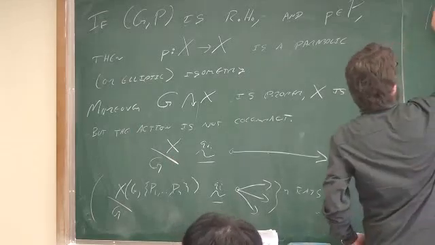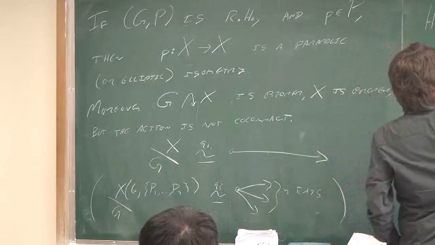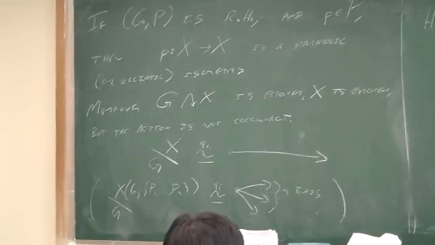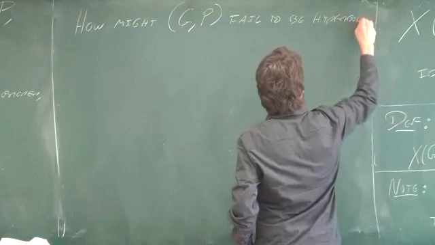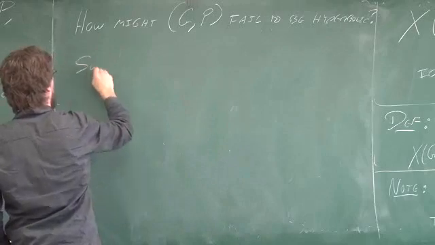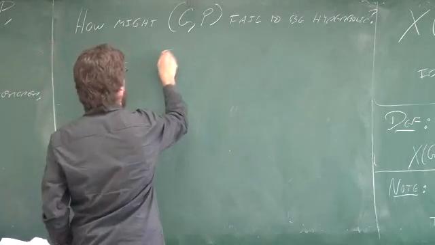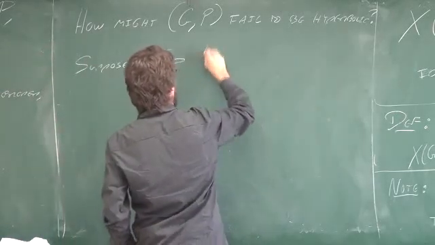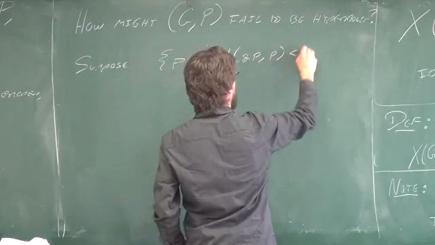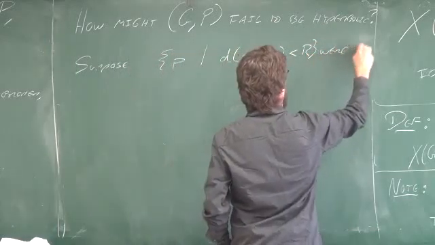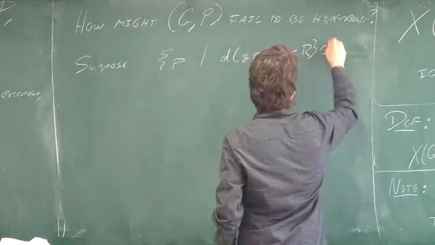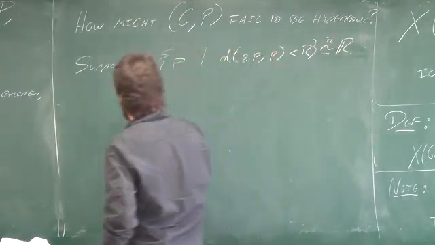So suppose the set of p so that the distance between gP and P is less than R, or infinite, suppose it's quasi-isometric to a line, just to draw the simplest picture.